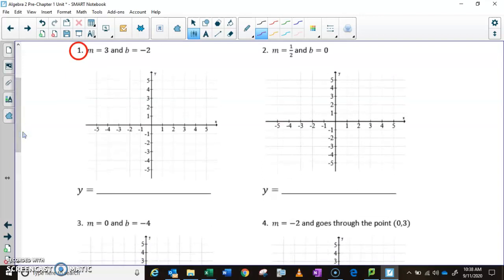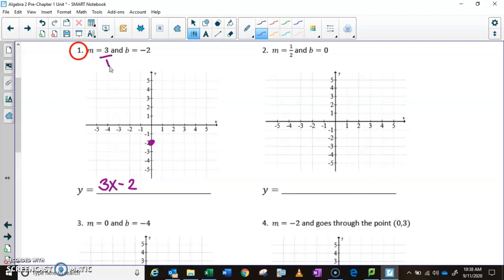The very first thing they want us to do is to write the equation of the line down here at the bottom. So y equals a slope of 3x, intercept is -2, so y equals 3x minus 2. And we're also supposed to graph it. So begin at -2, slope of 3, make it a fraction, so we have rise over run.